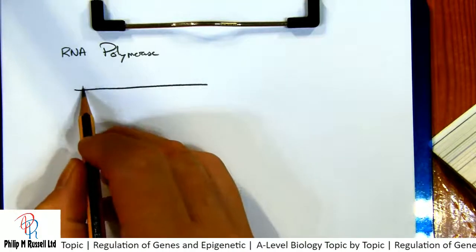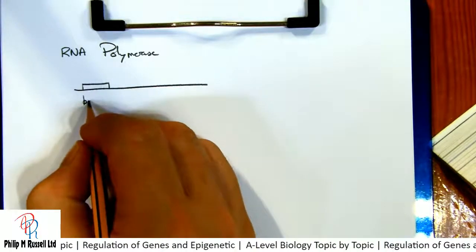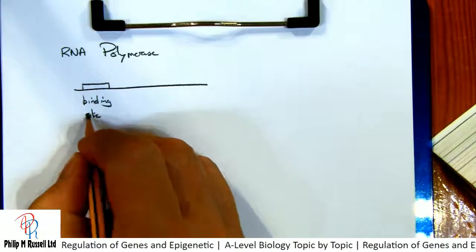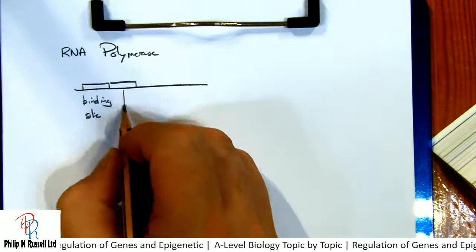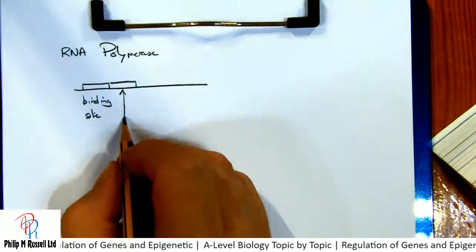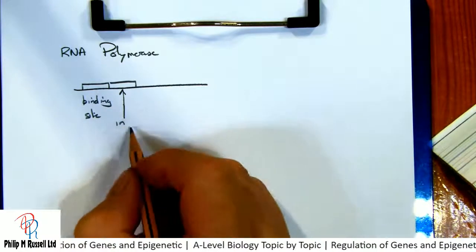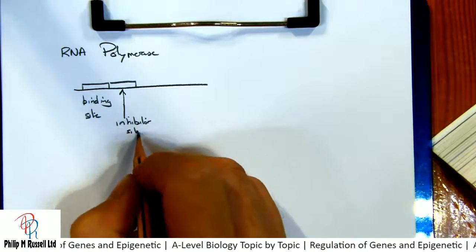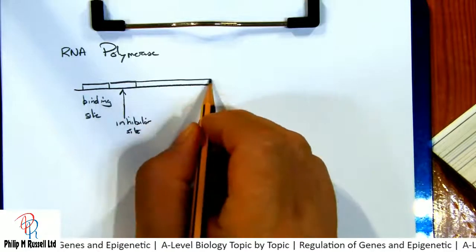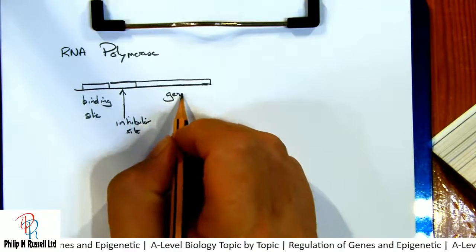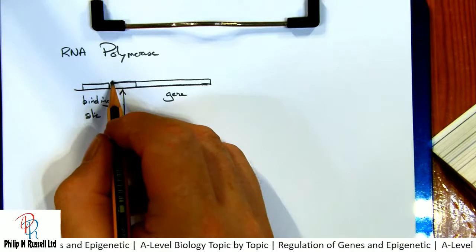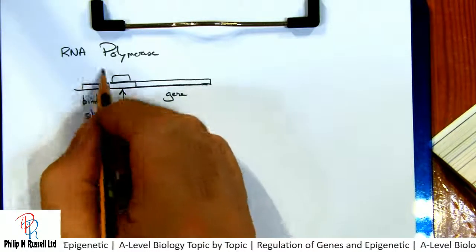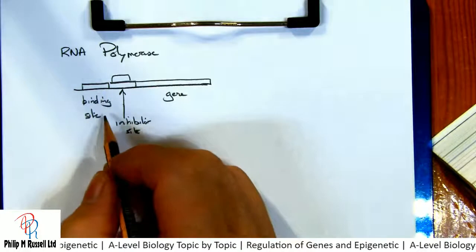So we've got our standard binding site, and then we have, if you like, an inhibitor site, and then we have the gene. And if we can put something here, then the RNA polymerase can't go on.